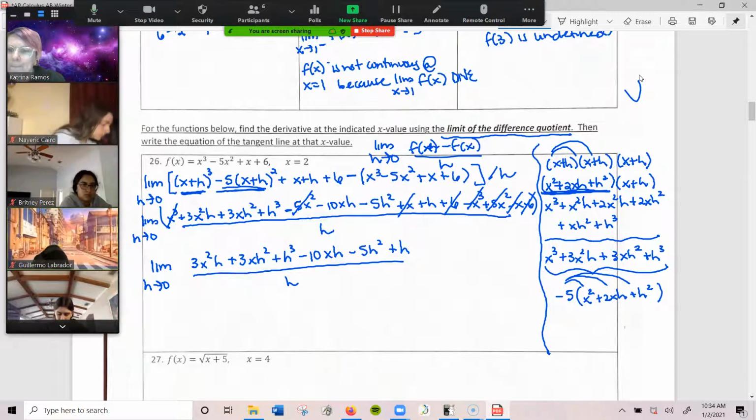And everything is over h. So far, so good? Once you cancel everything out and you rewrite, what should happen is when you look at all of the terms in your numerator, they should all have an h. So that way you can factor out the h and cancel it with the h in the denominator. So I'm going to factor out an h from every single term.